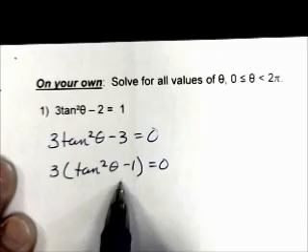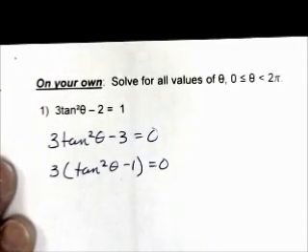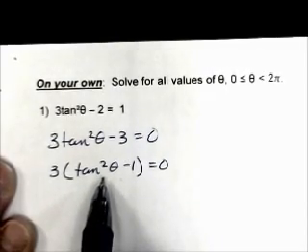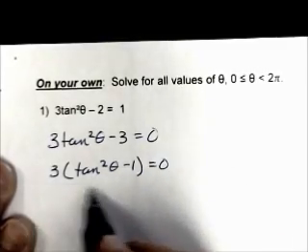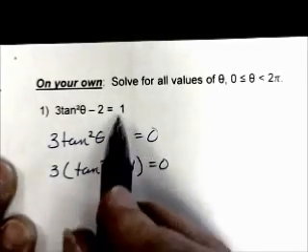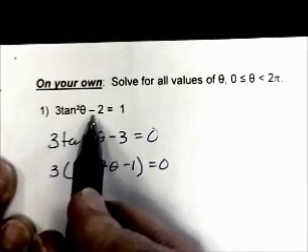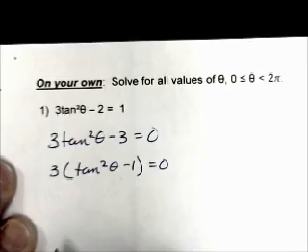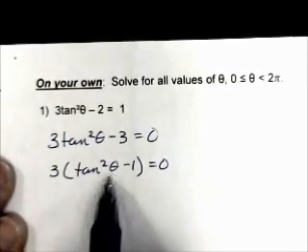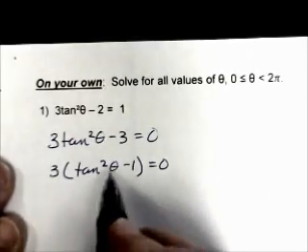Then we would have to factor this. And going about this, I've changed my mind, all right? I'd prefer to rather get 3 tan squared theta by itself and then square root both sides, but I started this way, so let me continue.